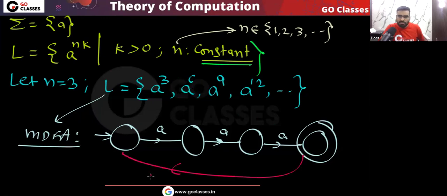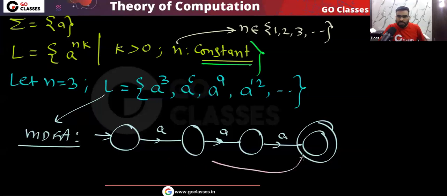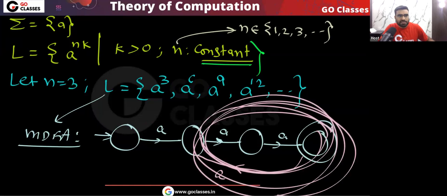So if I do this, then what is happening? Then 4 a's are coming. If I make this transition, then this a and these 3, so 4 a's are coming. So what should I do? I should make the transition to this state, so that this a and these 2 a's, so 3 a's can come. Notice, 3 a's, then 3 more a's, then 3 more, 3 more, like this.